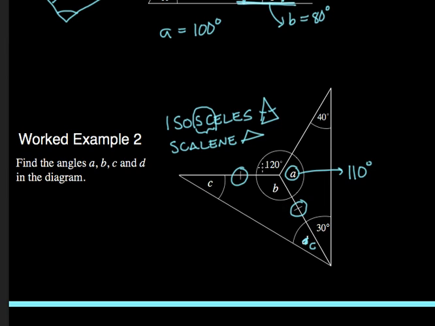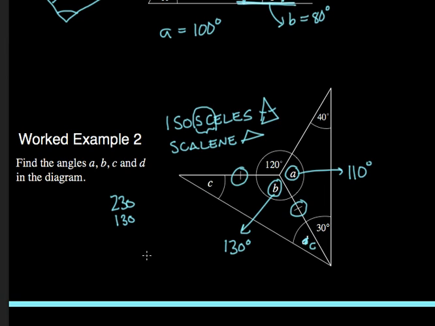Now angles around a point all add up to 360 degrees. So we just have to add 120 and 110 to get 230, and then find what angle B must be to make 360, which must be another 130 degrees. So B should be 130 degrees. And then we can work out what C and D are. We know that C is equal to D, and that the two angles that remain here will add up to 180 if you add them onto 130.